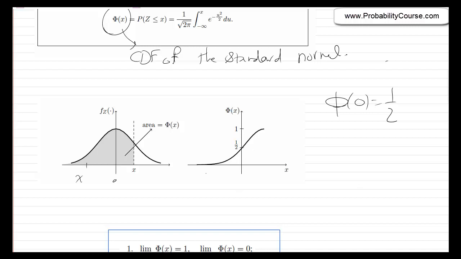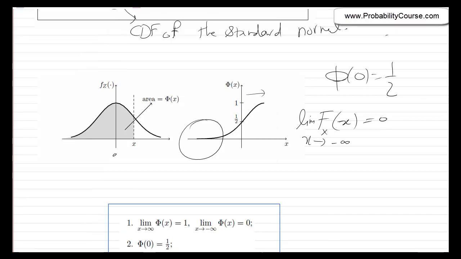If you let x be a very small negative value, this area becomes smaller and smaller, and Φ approaches 0 as x goes to minus infinity, and that's what we expect. Note that Φ is just a CDF, and the limit of a CDF as x goes to minus infinity is always 0. And of course, as we move to large values of x, the CDF approaches 1.